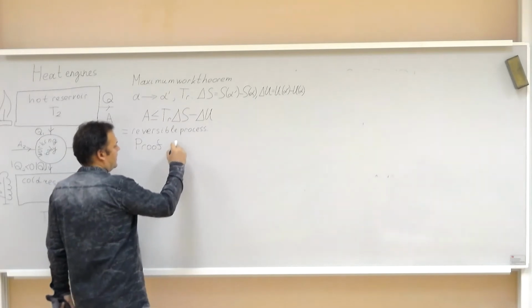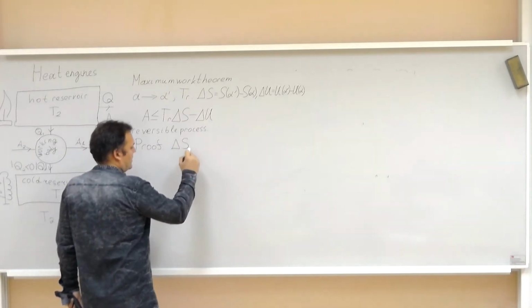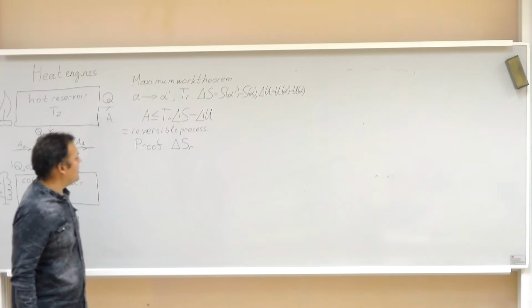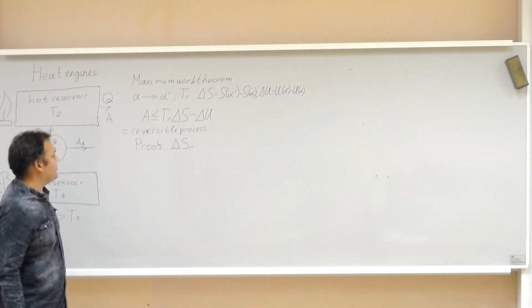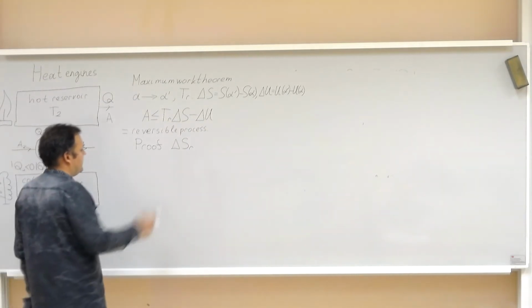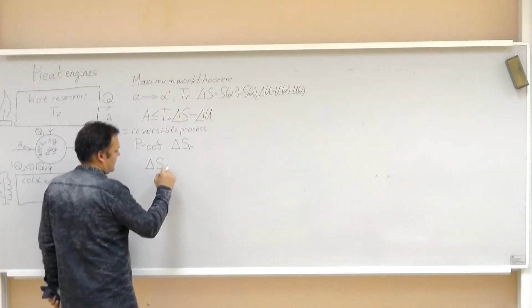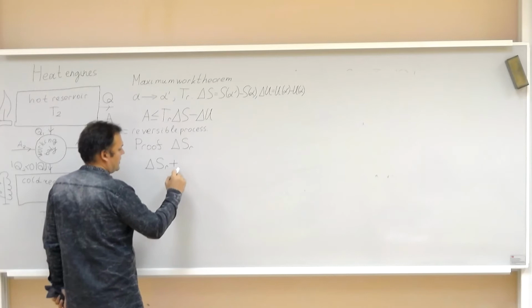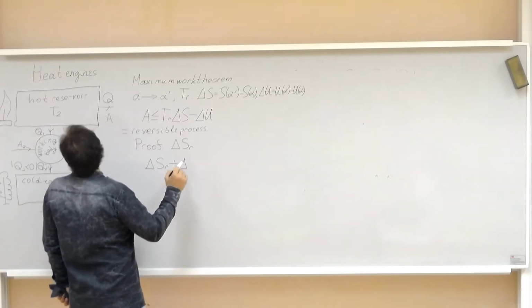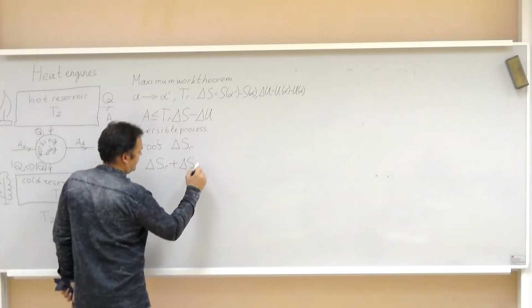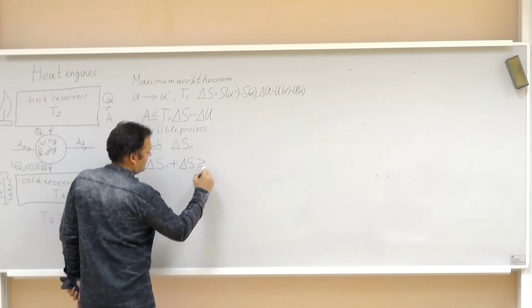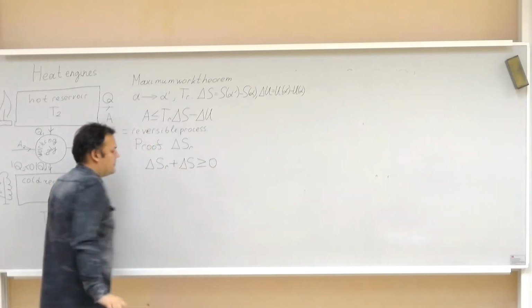If delta S sub R is the change of entropy of the heat reservoir in the process, then delta S sub R plus delta S is greater than or equal to 0.